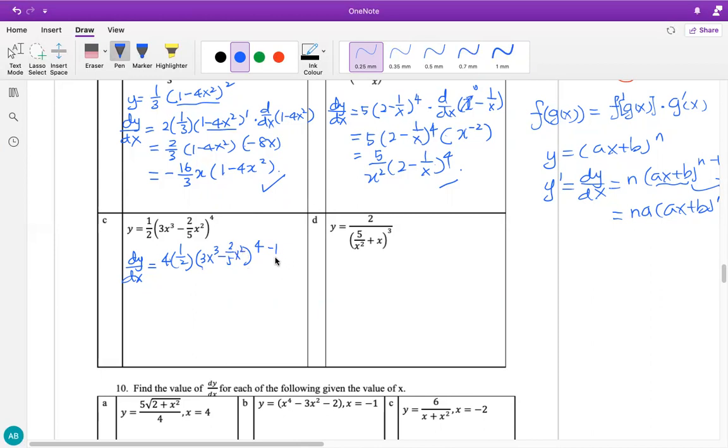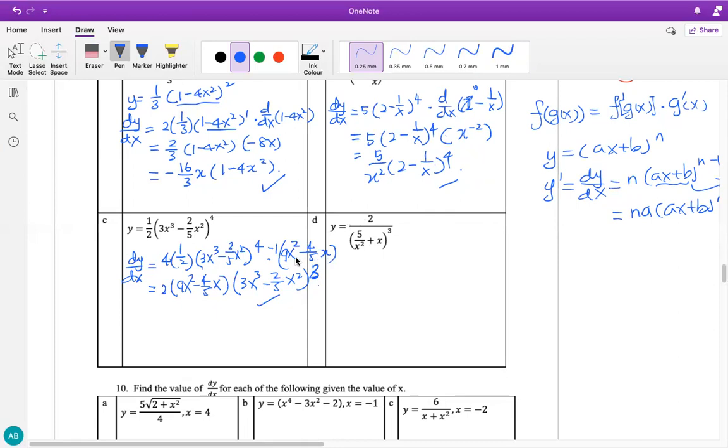Then you differentiate inside, so you get 3 times 3, 9, then x squared, then you get negative 4 over 5 x. All right, you simplify, so you get 2 times (9x squared minus 4 over 5x) times (3x cubed minus 2 over 5x squared) power 3. Okay, power 3. All right, so this is the answer.